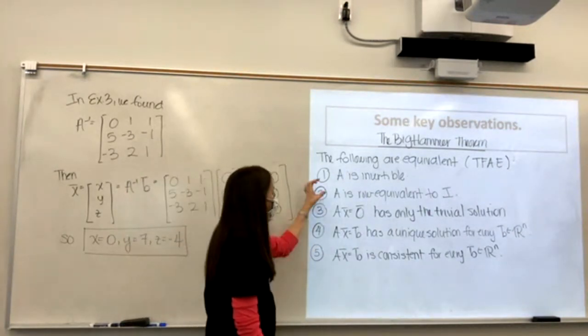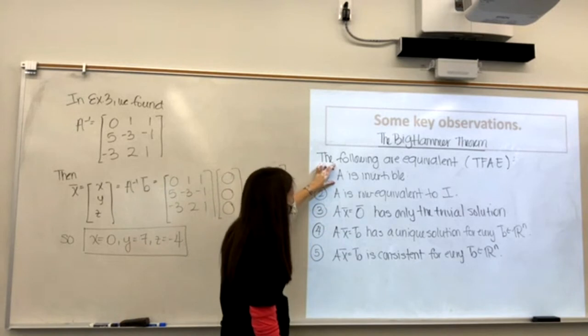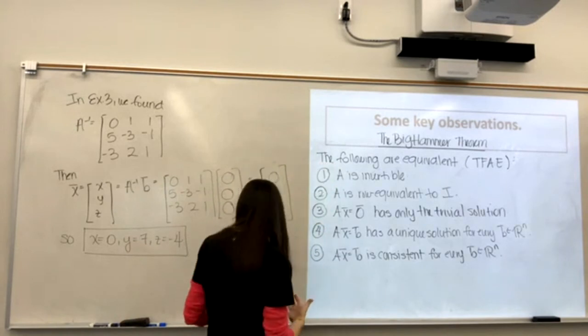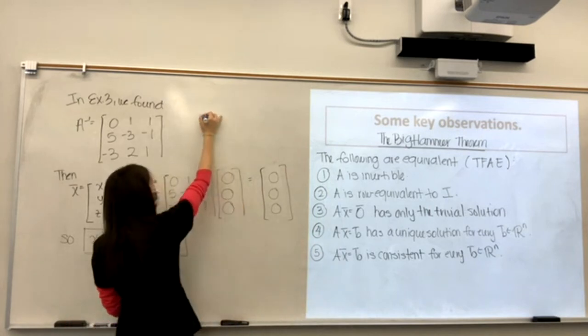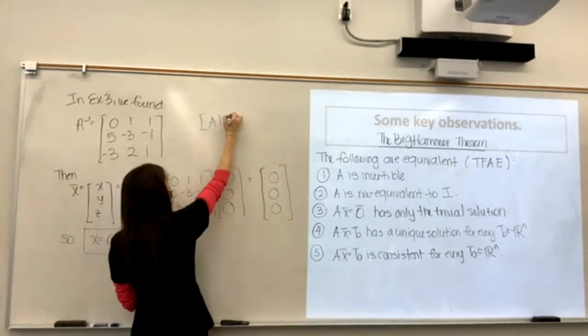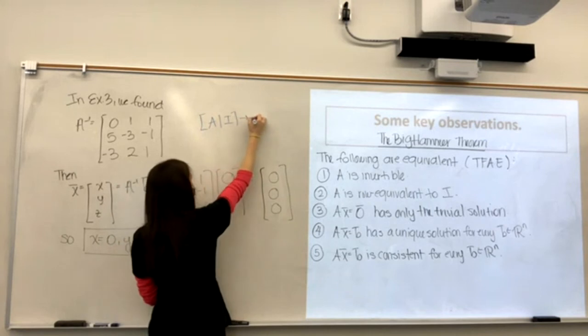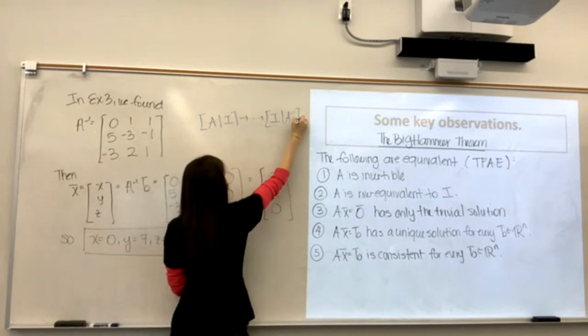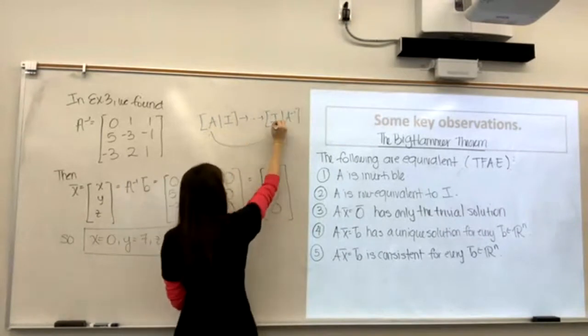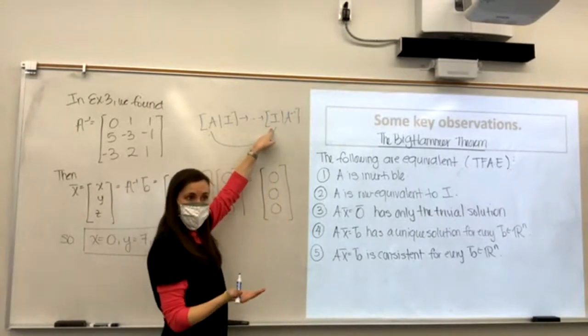Okay. So if A is invertible, then we know that's the same thing as it being row equivalent to the identity, because that's how we find the inverse, right? We start off with A and I, and if we're lucky, we can transform A into the identity matrix.